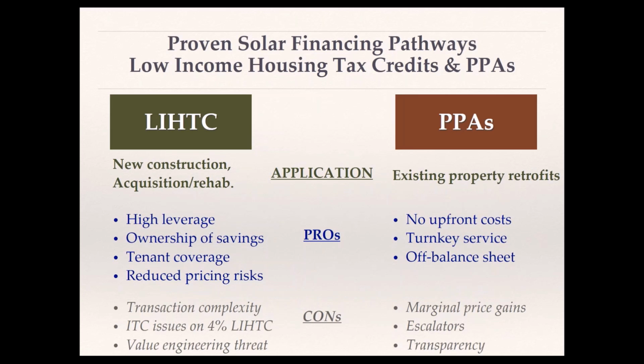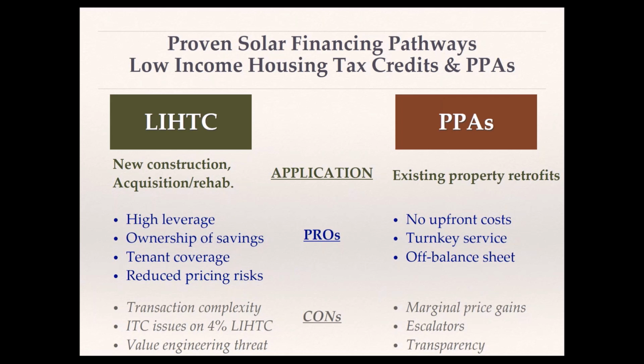Moving on to the near term, the financing pathways that are going to be dominant within affordable housing are very similar to what we saw as far back as 2008. That is, power purchase agreements and ownership structures largely driven by the low-income housing tax credit program.